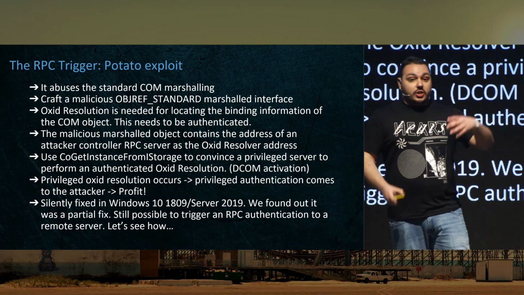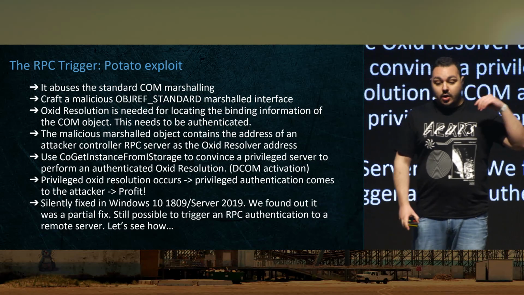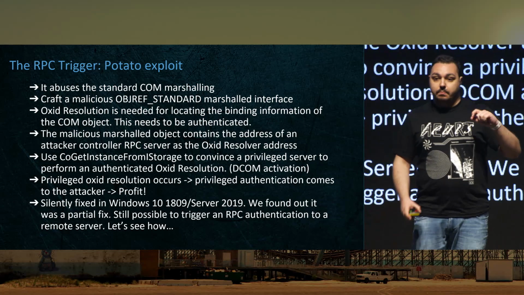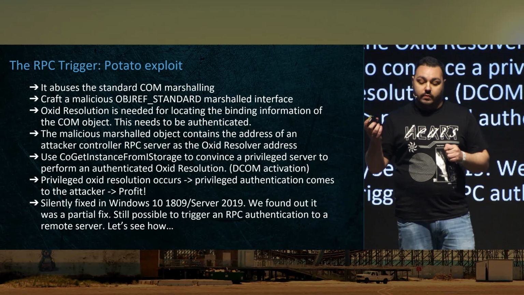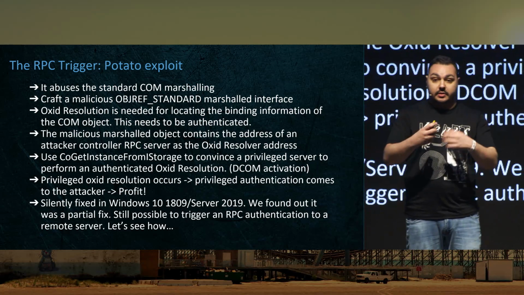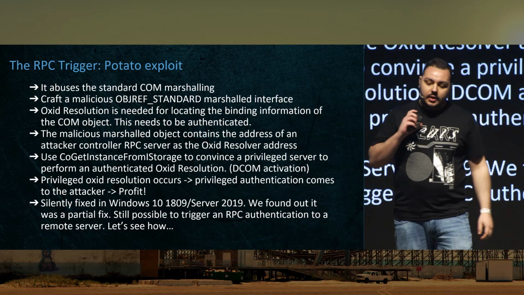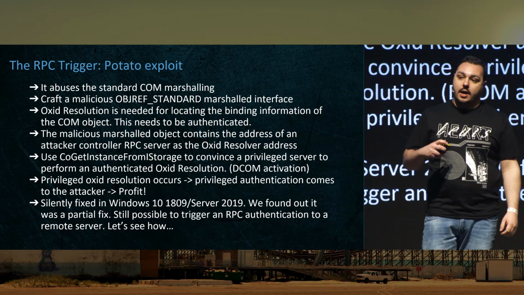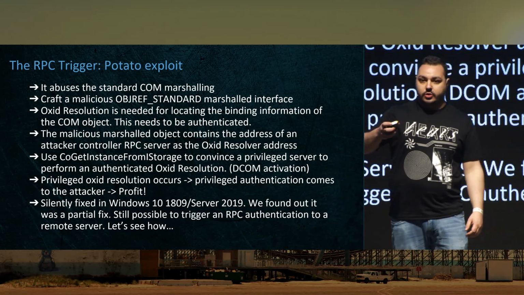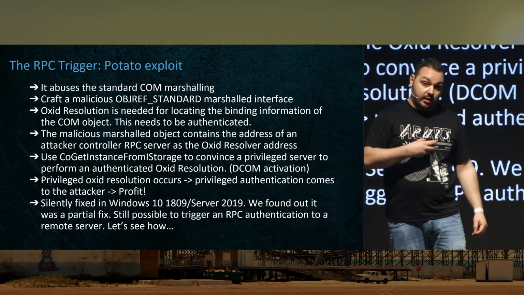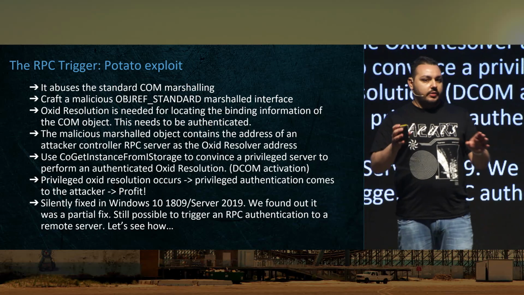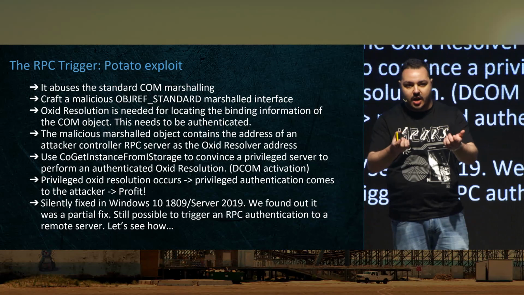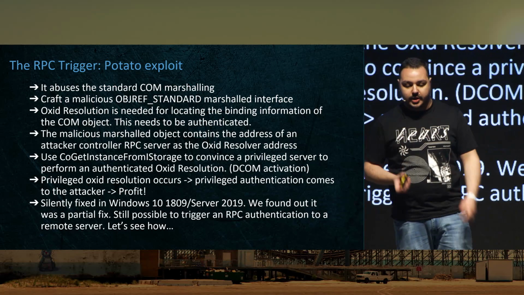When the privileged server performs the unmarshalling, it will find the IP of a malicious OXID resolver, and this needs to be authenticated. So the server will perform an authenticated OXID resolution to our endpoint. This is still not a privilege escalation, because we need to convince a privileged service to do this unmarshalling.